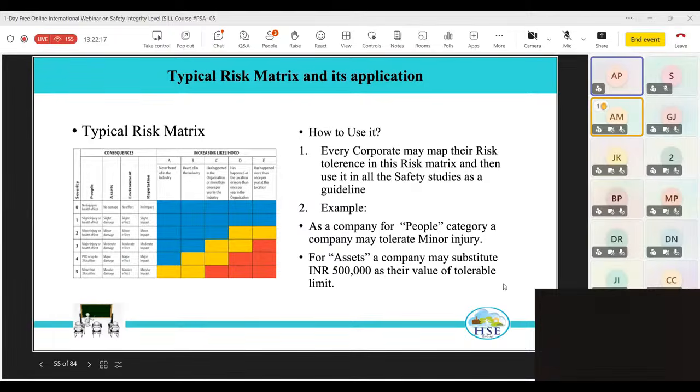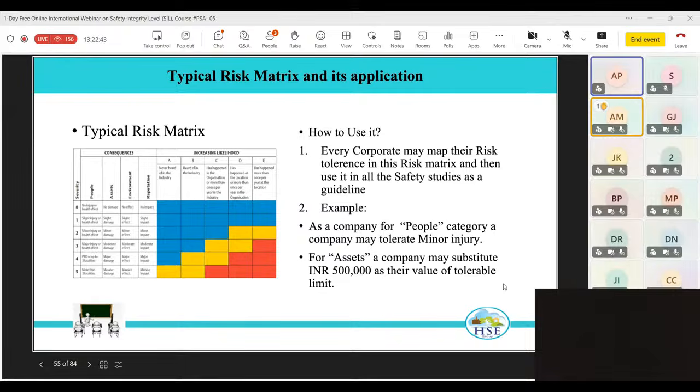Five category risk is a very high risk. In this particular corporate, the guideline is that when three or more people are in danger and fatalities are likely, then they call it a five category risk.